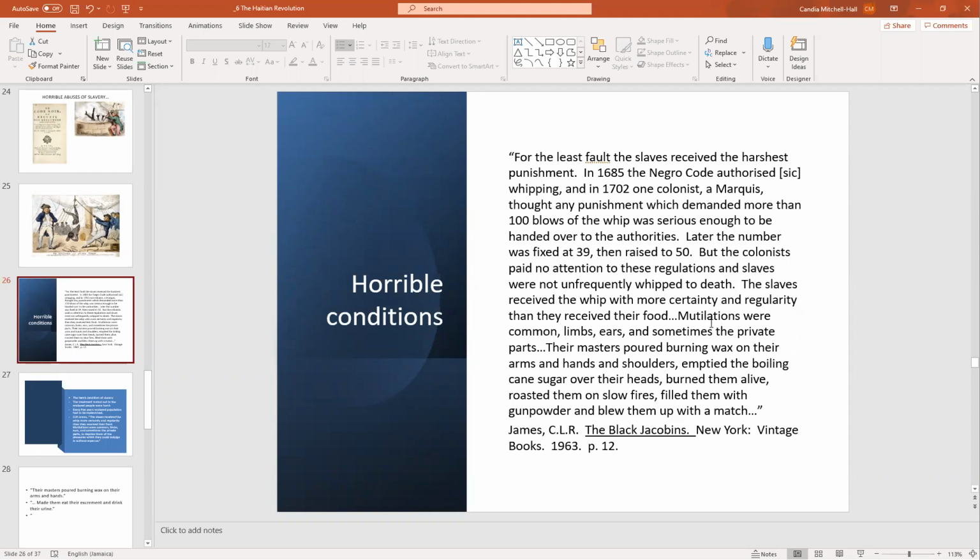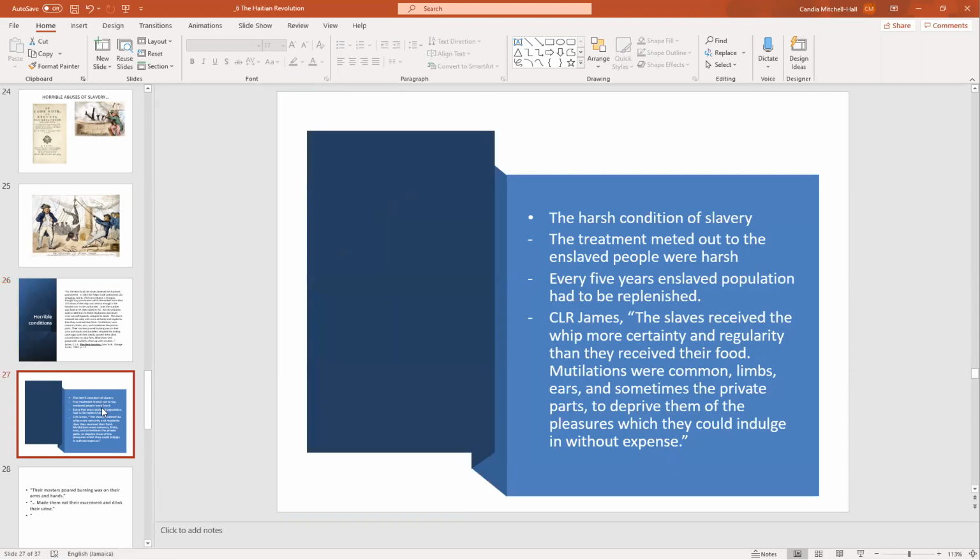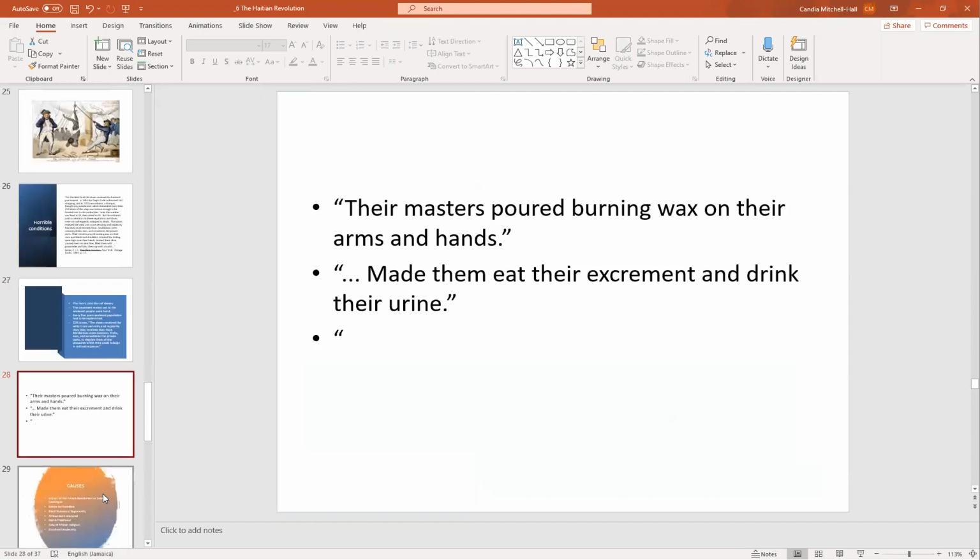So mutilation, this term right here, means to cut off. So they are cutting off their limbs, their ears, their private parts. They are burning them in oil, they are whipping them severely, and they are not giving them enough food. In fact, some of the harsh treatments, let us go to this one here.